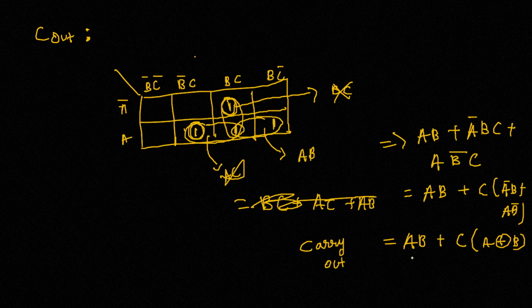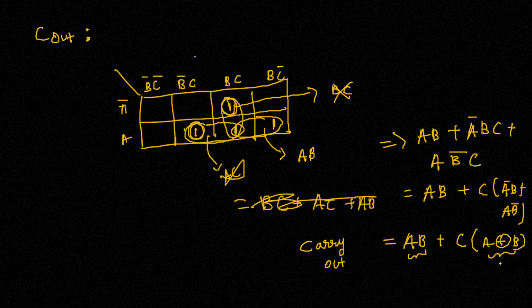And for carry out, we know that we take A and B in an AND gate, then we take A XOR B and then take it in an AND gate with C, and then the final product is taken in an OR gate.